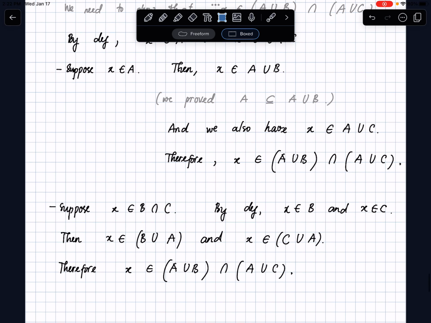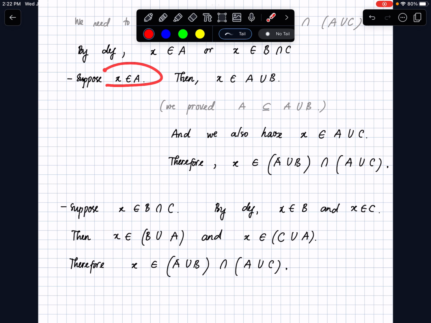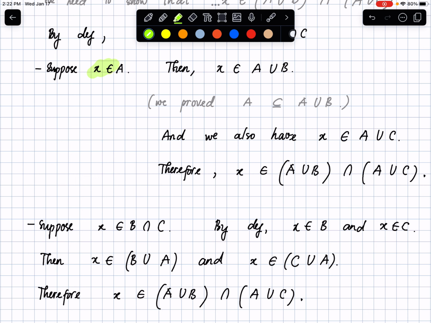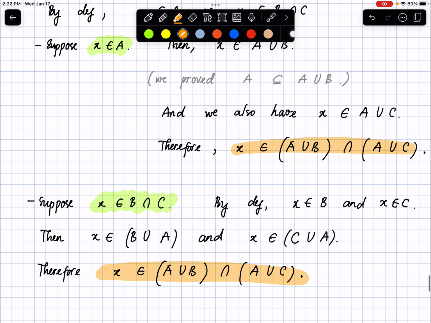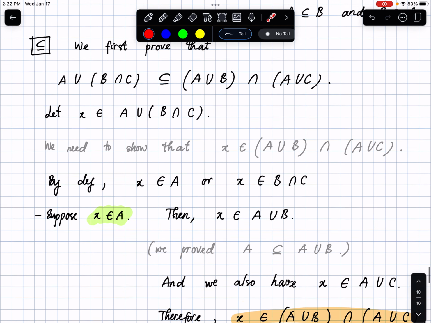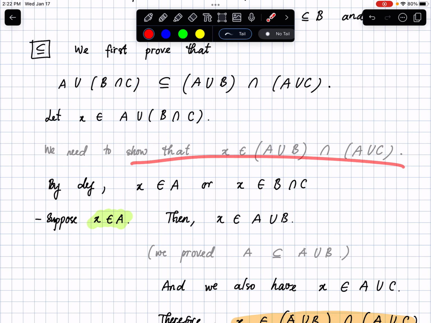So in two cases, the first case and the second case, we both have x is an element of the intersection of A union B and A union C, which is what we need to show.